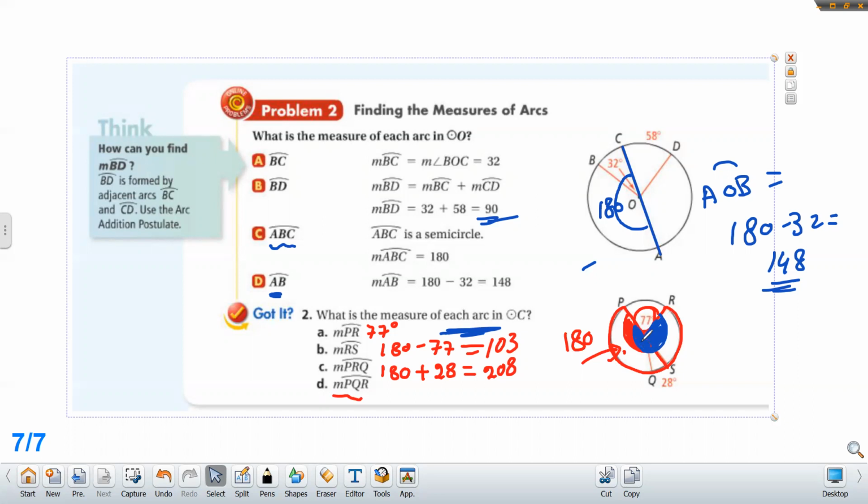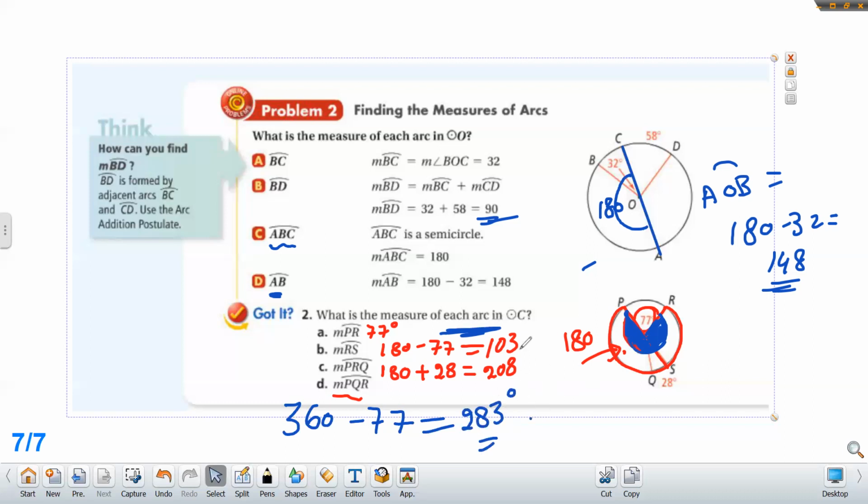So I can say it is 360 minus 77, because all of this is 360. The rest looks like I cut the part from the circle, which is 77. The final answer, 360 minus 77, you can calculate it very easily, right? Hope that you understand it. So 360 minus 77, the answer is 283.